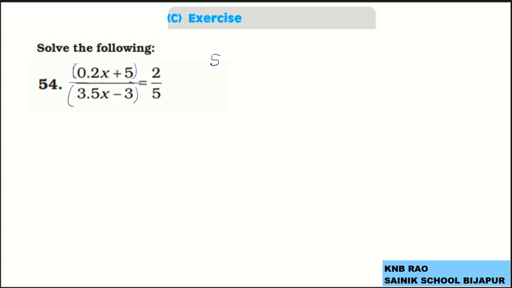By cross multiplication, 5 goes to the left hand side and multiplies the binomial 0.2x plus 5, equals 2 goes to the right hand side and multiplies this binomial 3.5x minus 3.